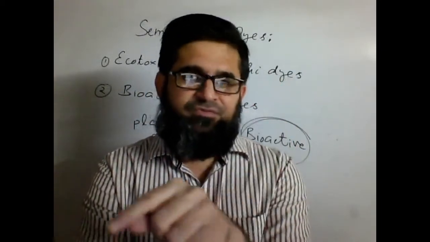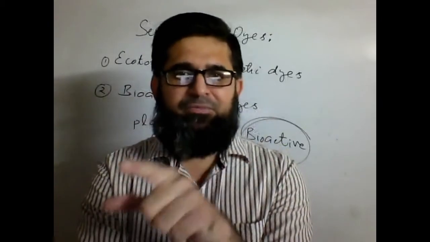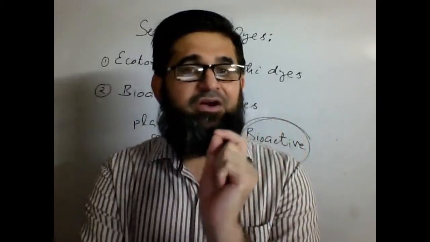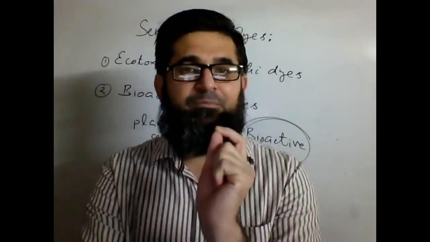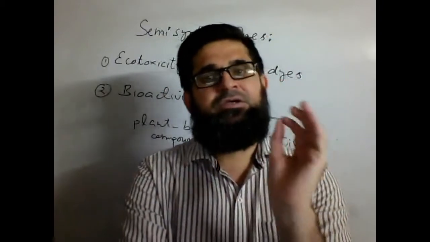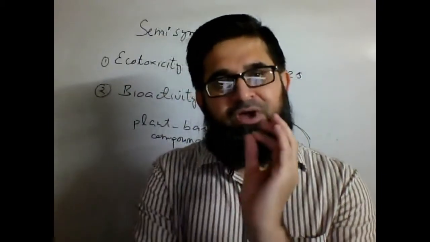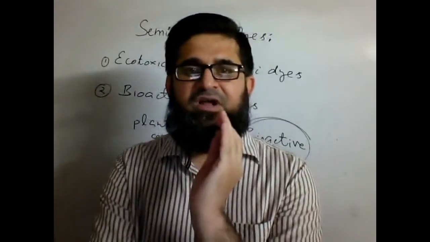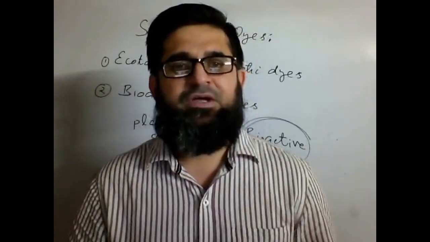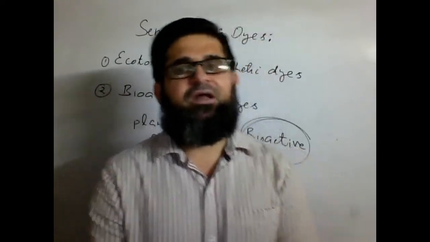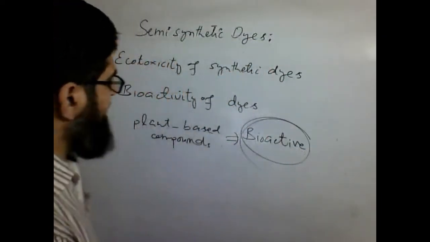So once we react it with some synthetic chemical and prepare a semi-synthetic dye, that dye will automatically be bioactive as well. So semi-synthetic dyes, prepared from bioactive components received from plants, will automatically give us some bioactive semi-synthetic dyes.